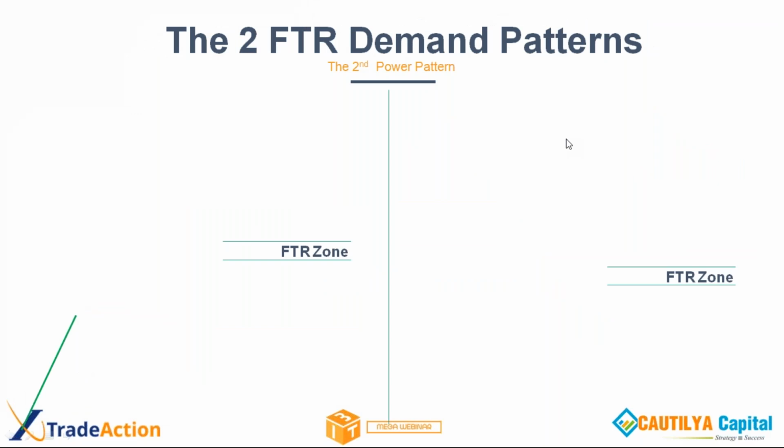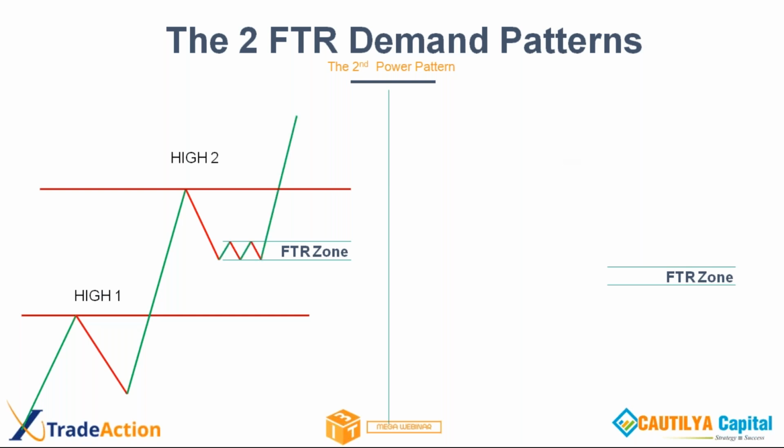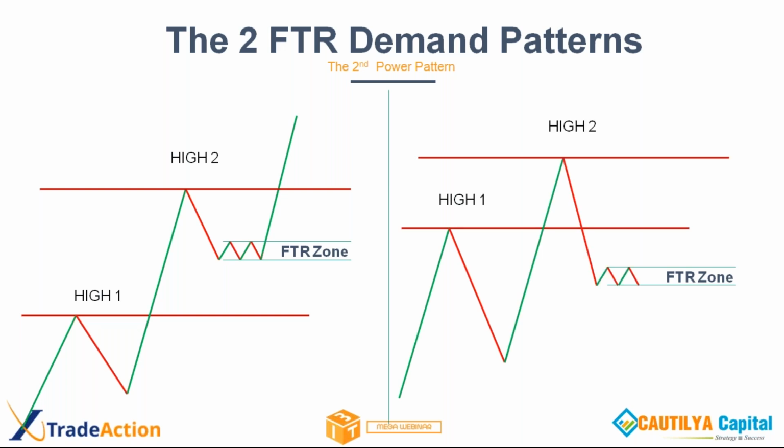Now, there are two kinds of FTR demand. H1 broke, H2. Correct, friends? Now that is the point of zone formation, and it went up. So that is an FTR zone. Scenario 1 is perfect, no? That is nothing but what we studied. And this is interesting.